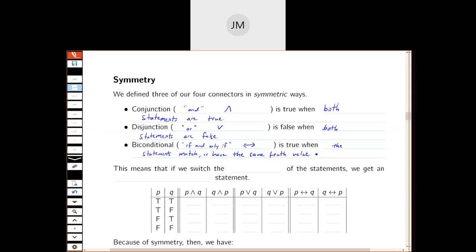So that means for all three of these, if we switch the order of the statements, we get an equivalent statement.